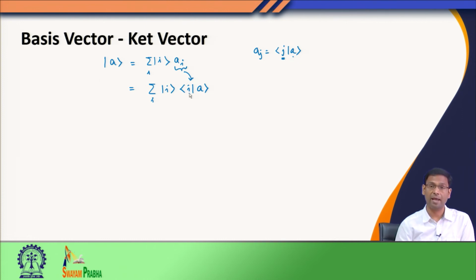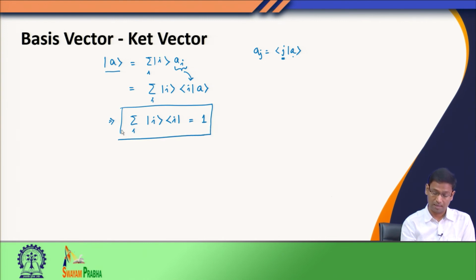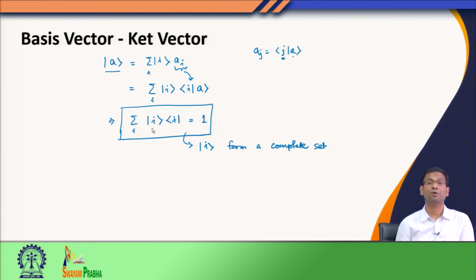Now, when I look at the left hand side and right hand side, I see something very interesting: from these two I can write that this term is equal to 1. This is another way of writing 1. What does this tell me? This tells me that these |i>'s form a complete set. This is the outcome of the fact that the |i>'s form a complete set.